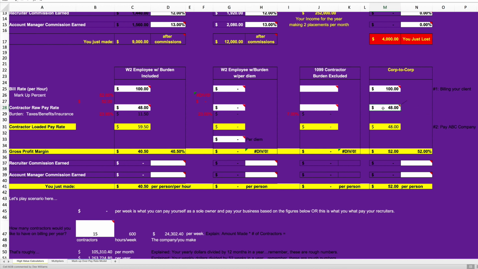So you can pay a little bit differently. Okay, so I have a 52% markup. That is unacceptable. I can do something like this. I could even say I only want to make $30 an hour off of this because I'm not paying any burden or whatever. This is pure profit, right?